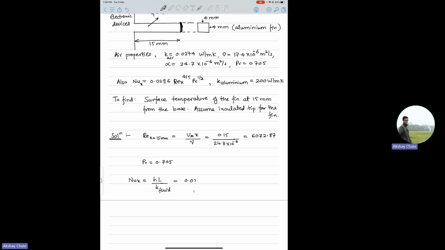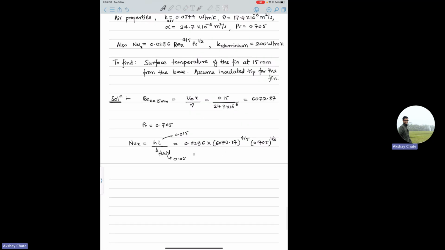So you can put 0.296 into this, Reynolds number already calculated, Prandtl number 0.705 raised to 1 by 3. And you can put this as 0.015, and K of fluid is also given, which is 0.0274.